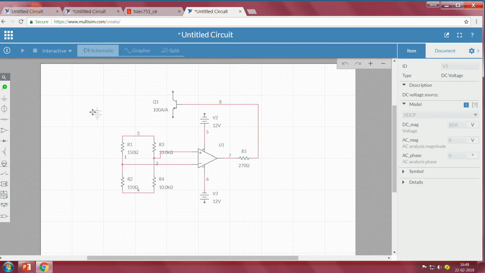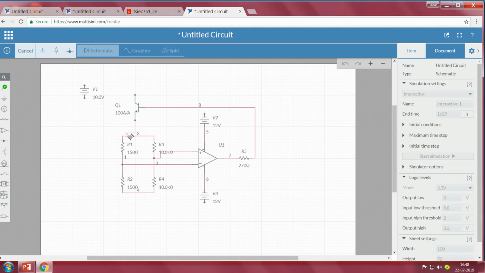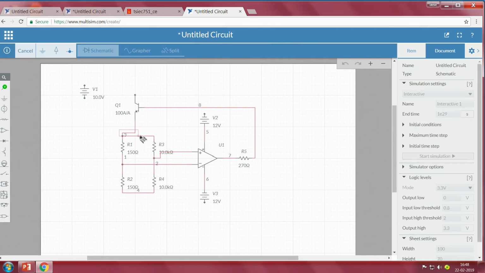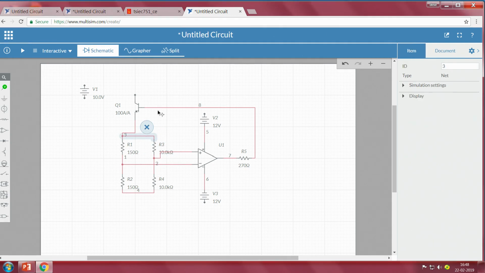So let's get the source here and then the transistor somewhere here. Let's establish this connection, and then let's connect the source voltage to your transistor.